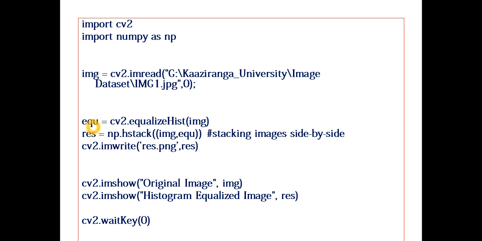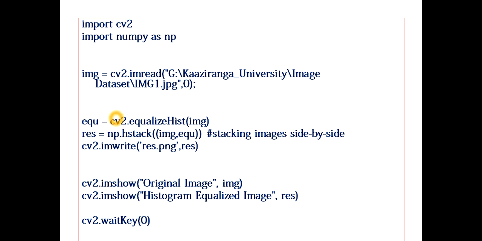Then equ, the equalized version, and we get it from cv2.equalizeHist(img). So equalizeHist is performing the histogram equalization here, and we have passed the original image as a parameter to this function, and after performing the histogram equalization we have stored the result in equ.